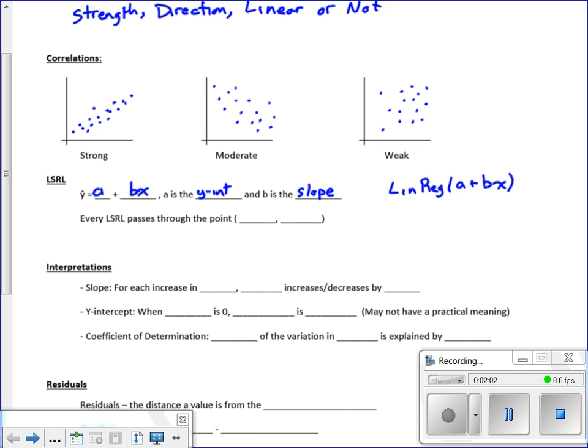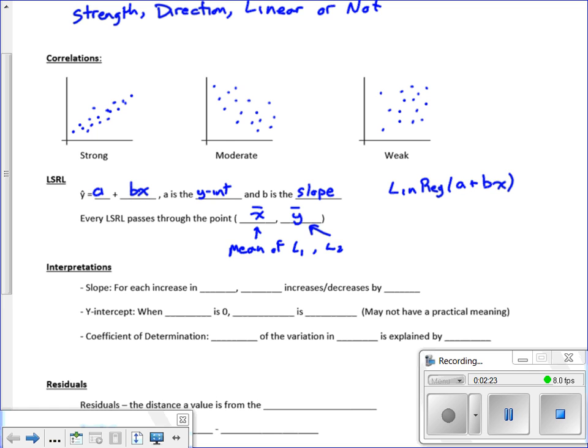One thing to remember is every least squares regression line passes through x bar comma y bar, and really that's just the mean of list 1 and the mean of list 2. So x bar is the mean of list 1, y bar is the mean of list 2.